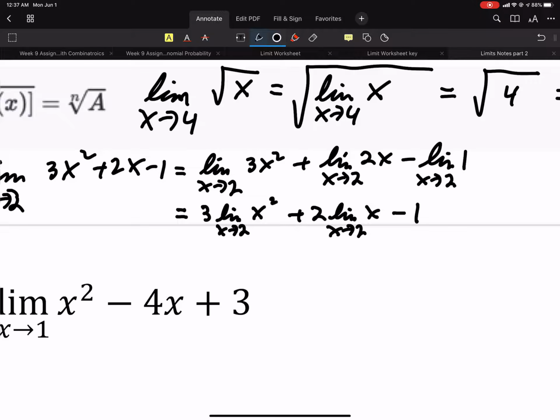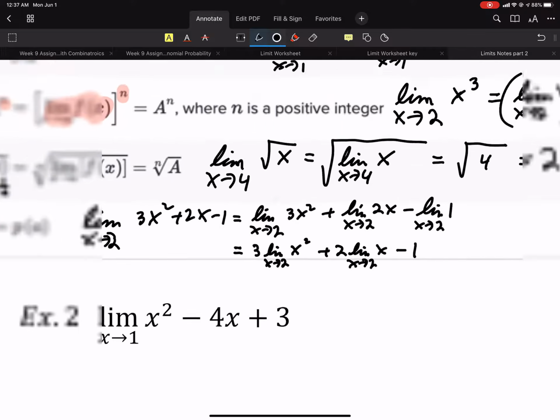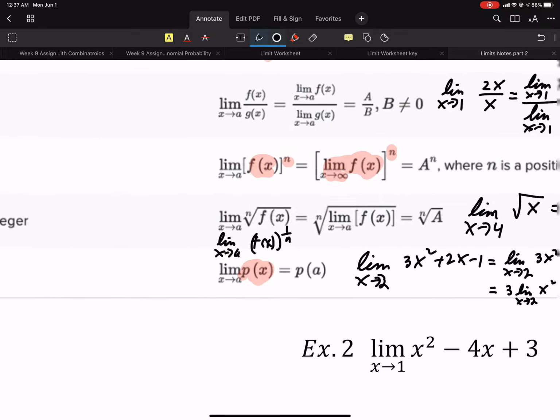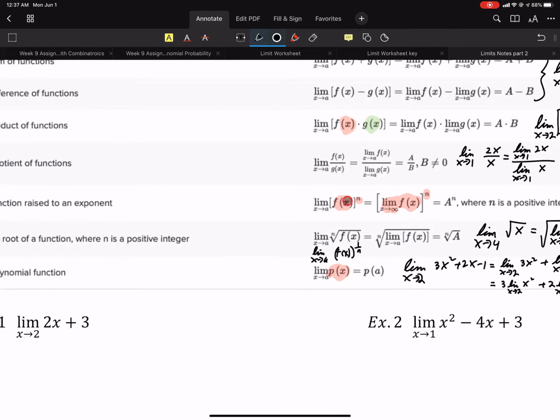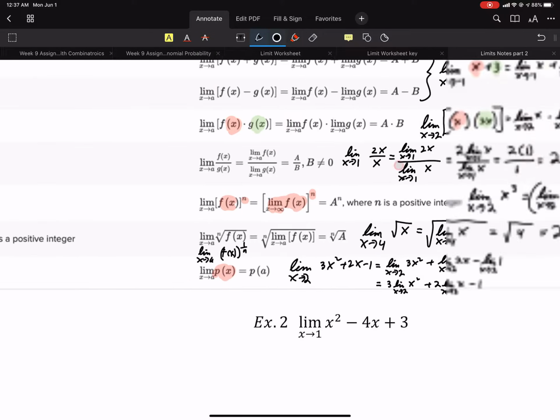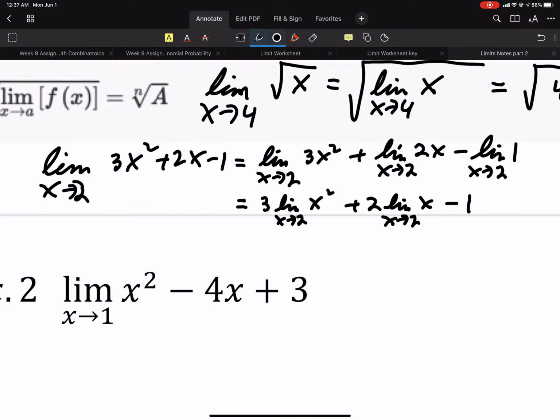Now, another rule. We have a power here. That was this one. If you have a function raised to an exponent, you take the limit of the inside, and then you raise to the power. So I need to rewrite this as 3, and then the limit as x approaches 2 of x, and then I square it.